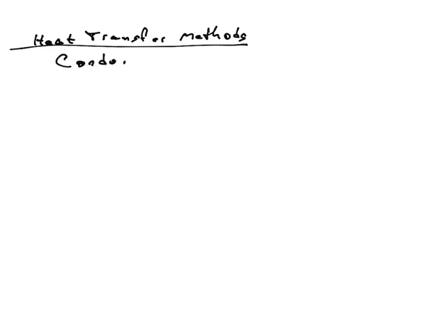Conduction, that was transferring heat by actual physical contact between the molecules. And we said that the heat transfer rate, that is how much energy per second will flow through your system by conduction, is given by something called the conductivity. So again, this is one of those things that has to do with the actual material.